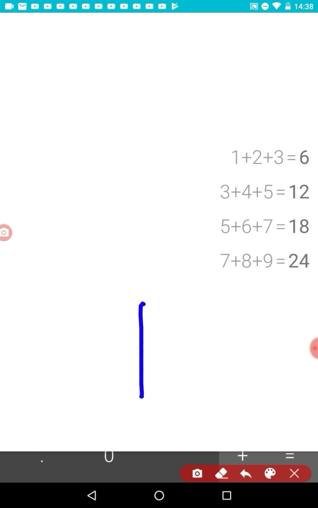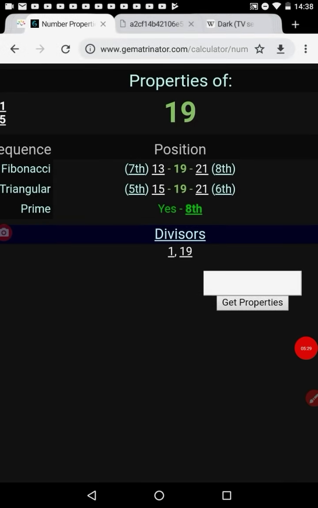And that's really interesting as well, because 1 and 9, 1, 2, 9. 19 itself is the year we're in now, of course, year 19. 19 links into the zeros, because 19 itself is the 8th prime number.